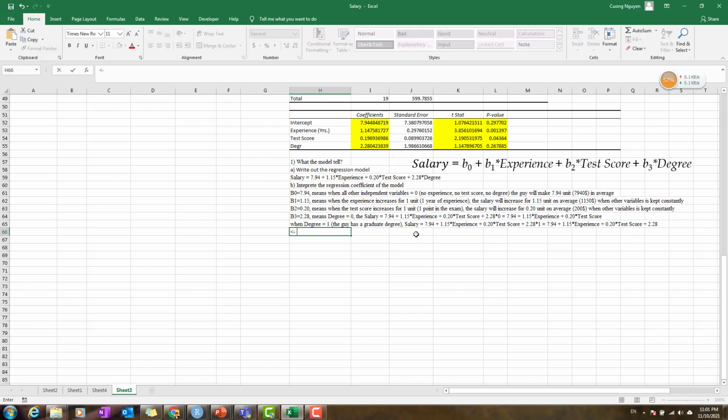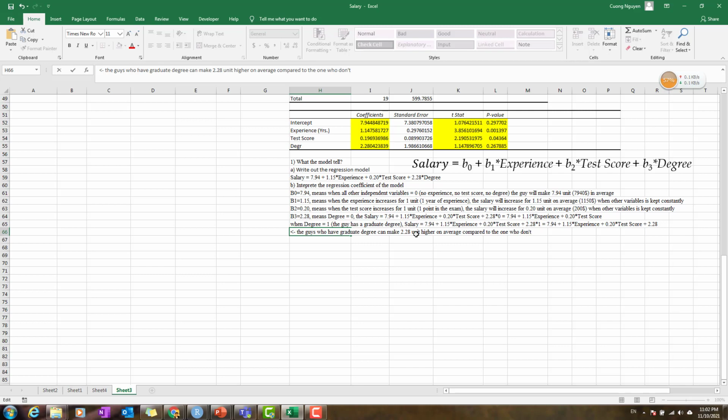So what does it mean here? The guy who has a graduate degree can make 2.28 units higher on average compared to the one who doesn't.